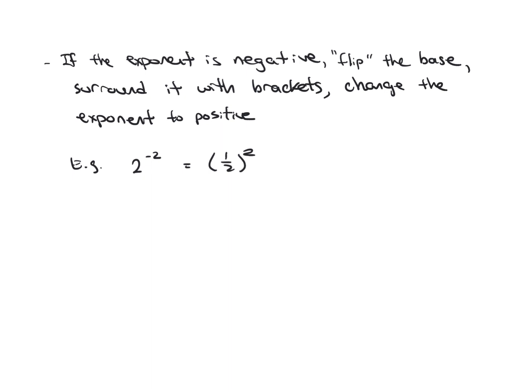So the word flip means, like, that's not a proper math word. It means to take the reciprocal. There's a special word in math called reciprocal. And that's basically when you take a number and you flip it in terms of its fraction.